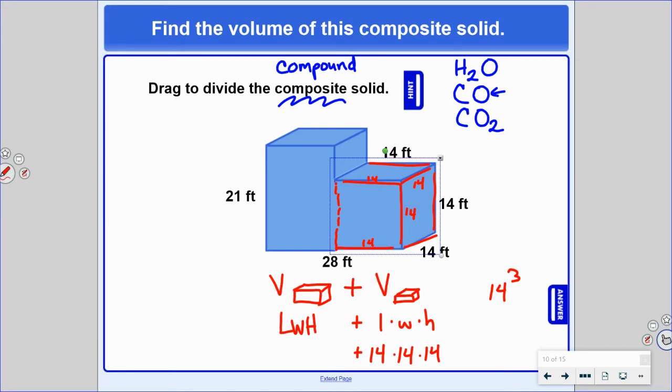Now I can see very clearly that the height of this guy is 21, but the length and the width are a little harder to figure out. What we have to do is take this total length of 28 and split it up. After all, that side's 14, which means that side's 14.